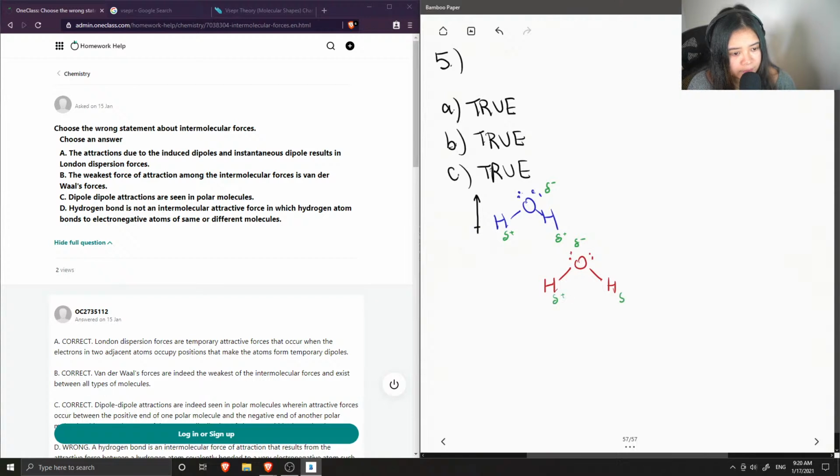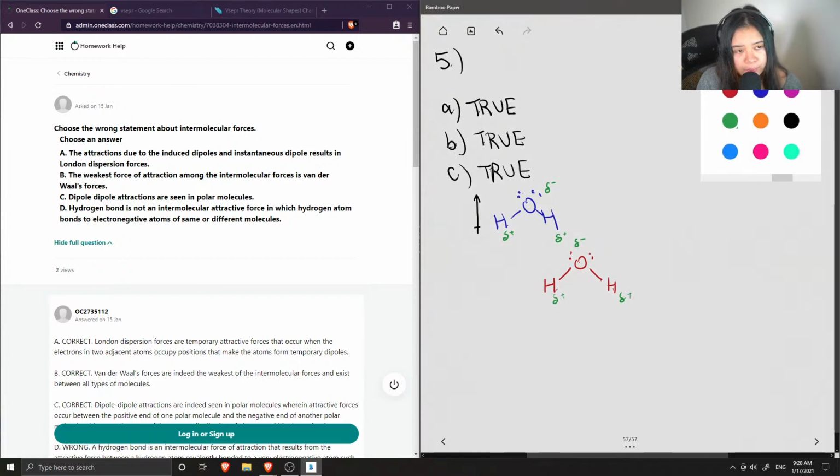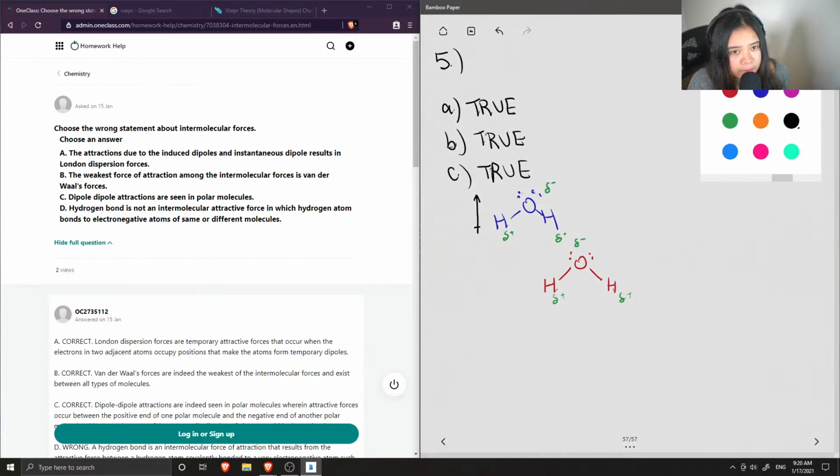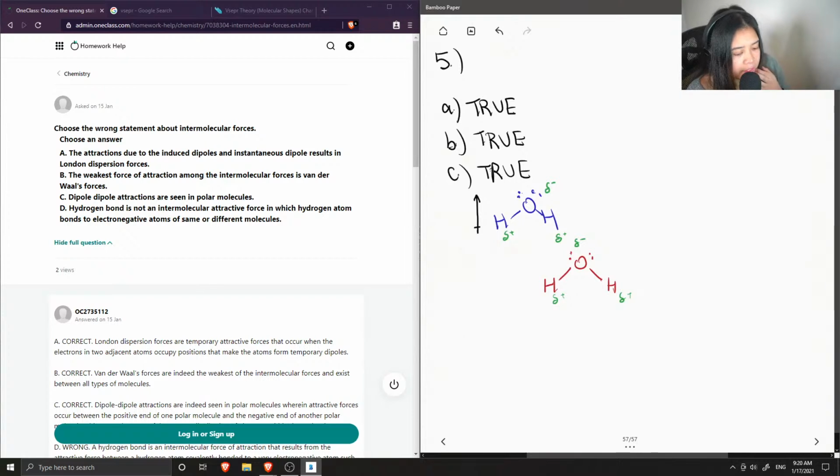And this can occur with all polar molecules, so that's why when we try to figure out if a substance can dissolve in another substance, we use the term like dissolves like. So polar molecules can dissolve other polar molecules, and non-polar molecules can dissolve non-polar molecules.